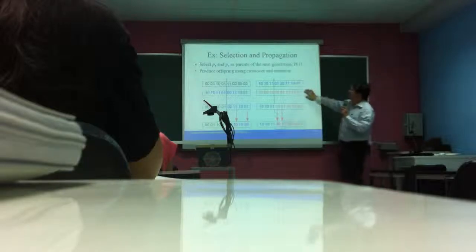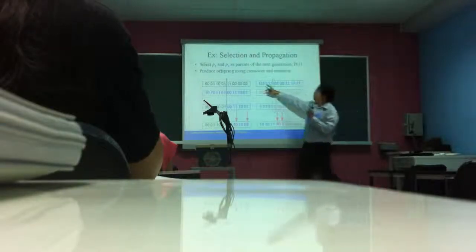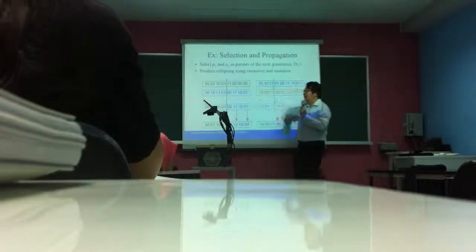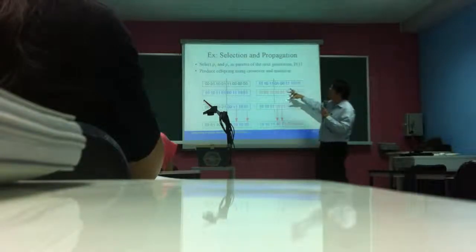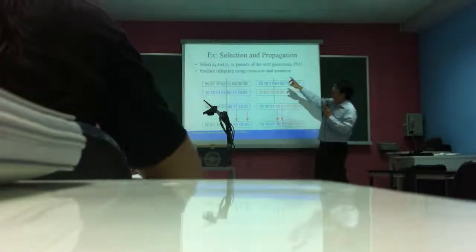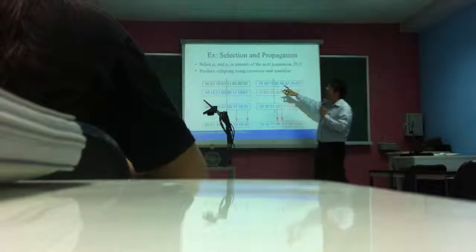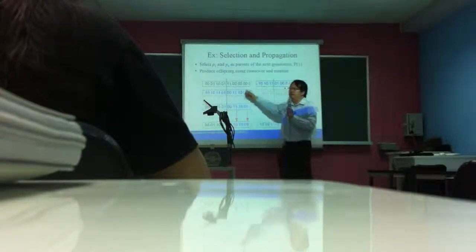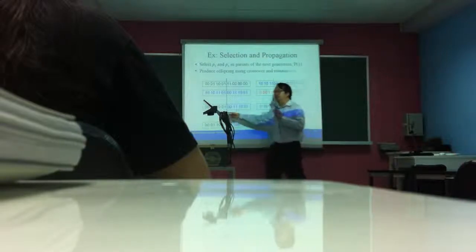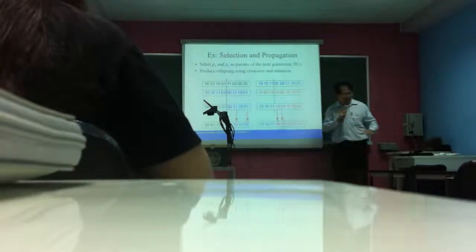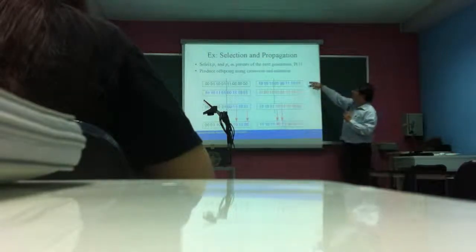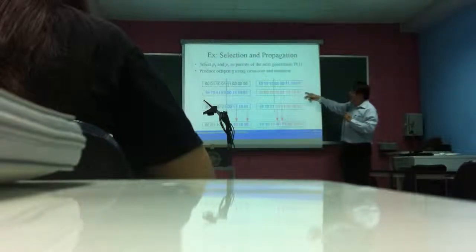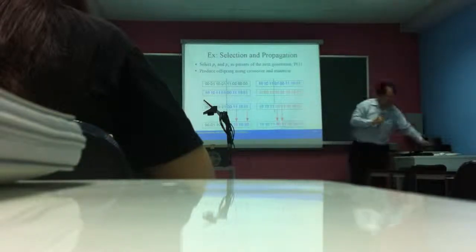Maybe this is just an example, because normally it should be produced from P1 and P4, so it should be P1 and P4 two times, but with a different position of the crossover and a different position of the mutation. But in this example, they choose P2 and P4 and use the same way.